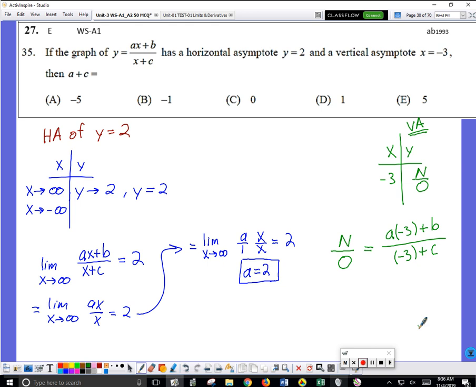The value of C is 3. C has to have a value of 3. Any follow-up questions here? Cool.